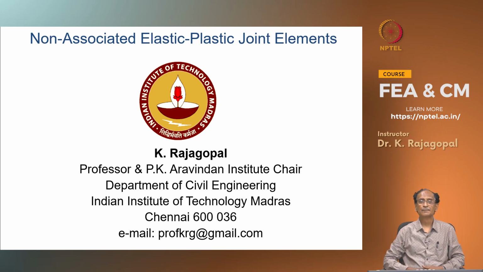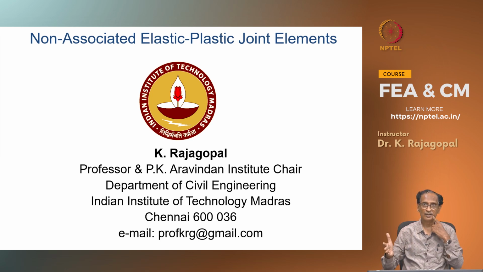So, hello students, welcome back. In the previous class, we had derived an equation for the elastoplastic constitutive matrix DEP, in terms of dou f by dou sigma, dou q by dou sigma, and so on.